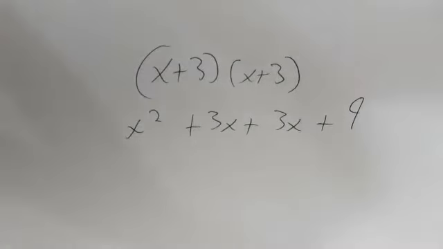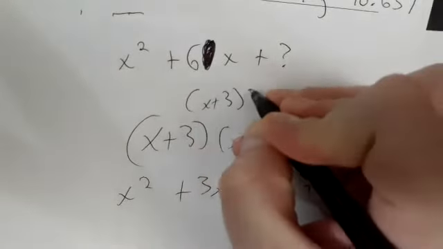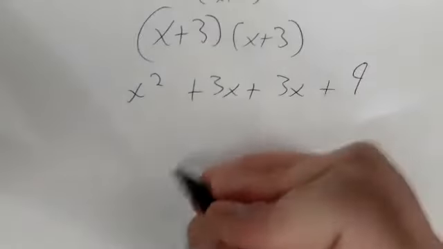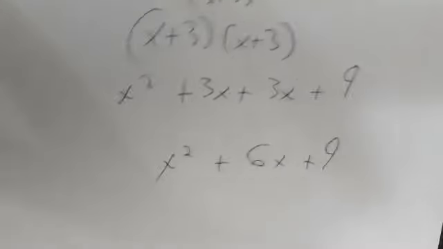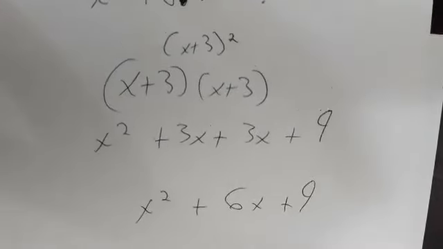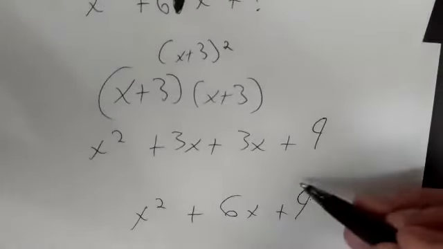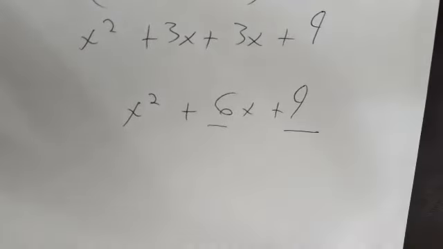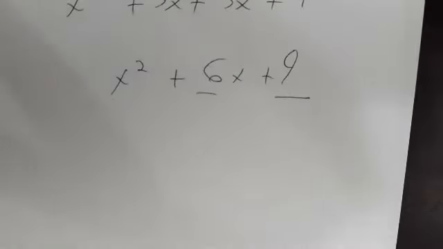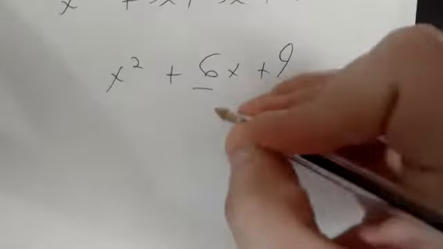If I start with x plus 3 squared, I get x squared plus 6x plus 9. And I want to know how this relates to this. To get from 6 to 9, there's that middle guy of 3.